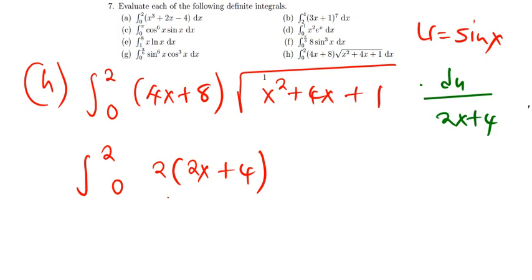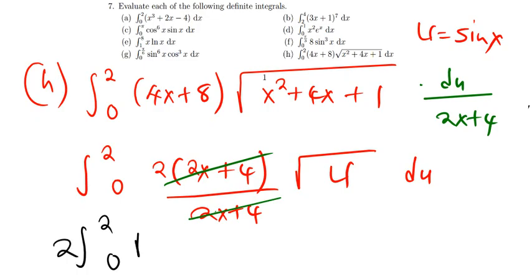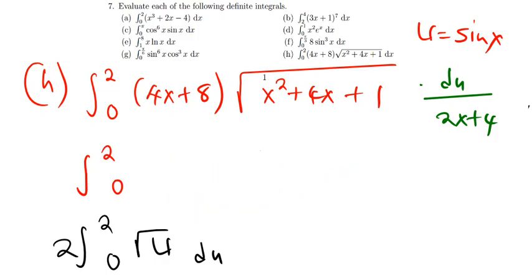Then that 2x plus 4 can just cancel out with this. Under the square root you've got your u, and then you've got your du remaining there. So this and this will just divide, right? Then you remain with the integral of 2, 0. You can pull out the 2 that has remained, and then you remain with the integral of root u du. So you know what to do at that point.